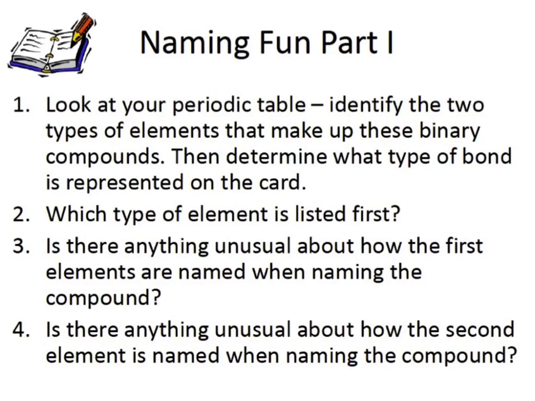When I say unusual, I mean when you look at the name of that first element on your pink card and look at the periodic table, is it different? And then number 4, is there anything unusual about the second element? If there is, then you need to tell me what it is. So those are the 4 things you're searching for.